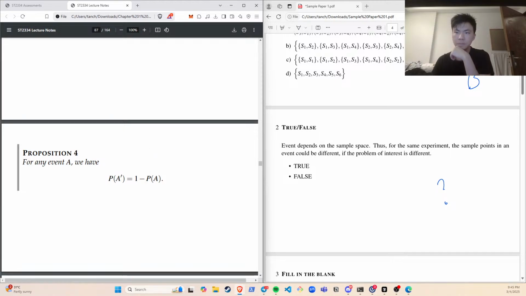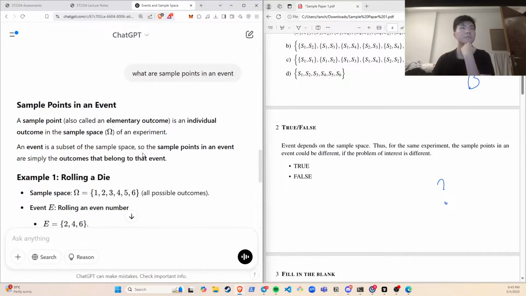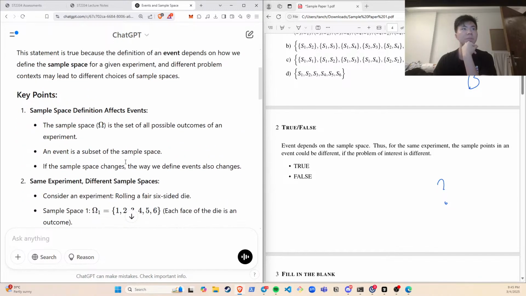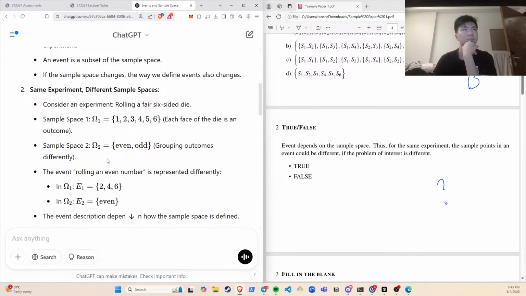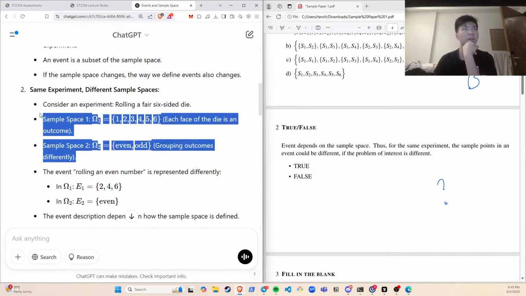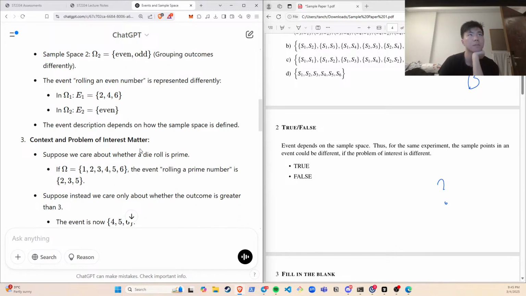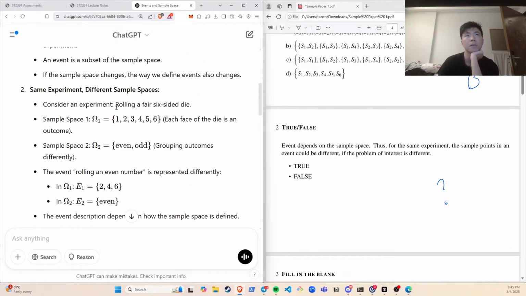Because a different problem would lead us to a different sample space. Okay, fair, fair. Ah, okay, I understand. I see.